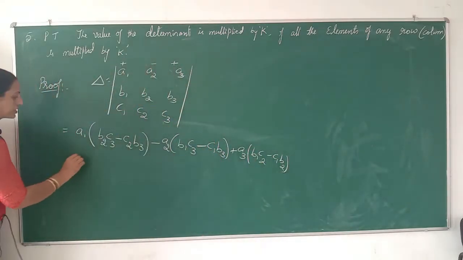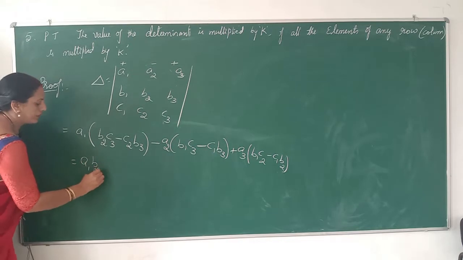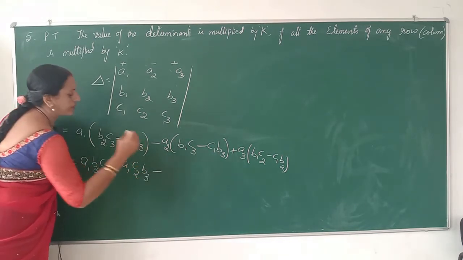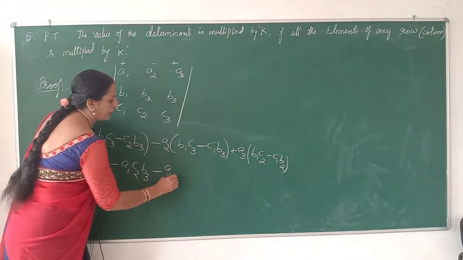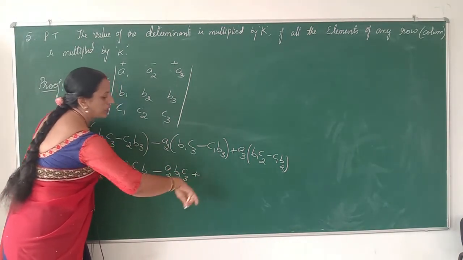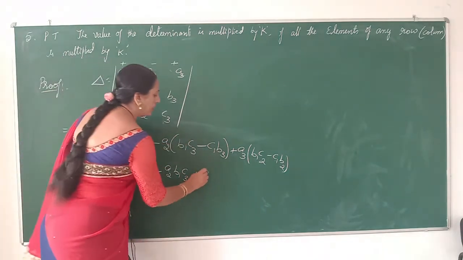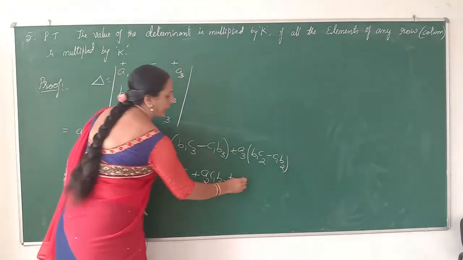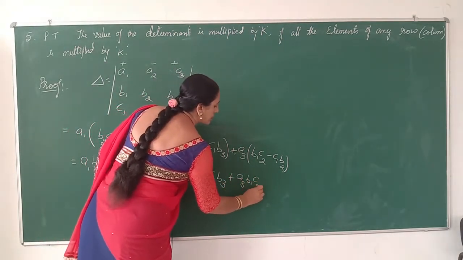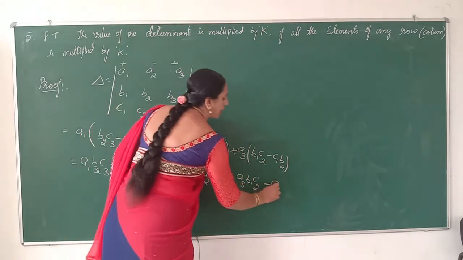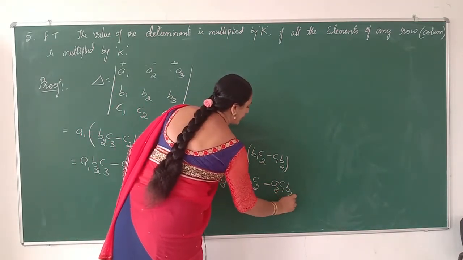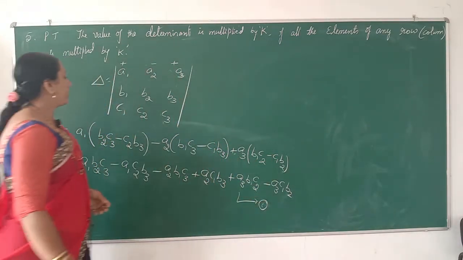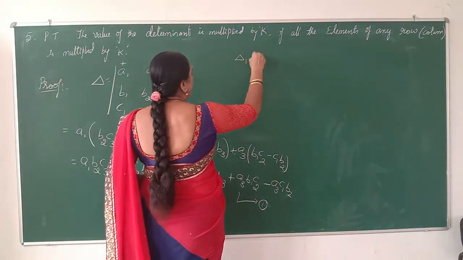So after that we distribute: A1 B2 C3 minus A1 C2 B3 minus A2 B1 C3, minus into minus is plus A2 C1 B3, plus A3 B1 C2 minus A3 C1 B2. And this will be called equation 1. Then the second term is denoted by delta 1.